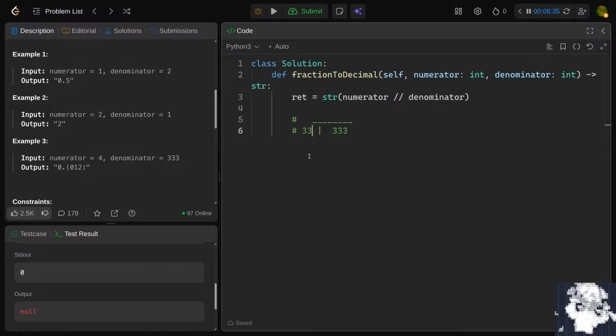So maybe you're supposed to put this out here and put the 4 in here. How many times does 333 go into 4? I just don't remember how to do this.